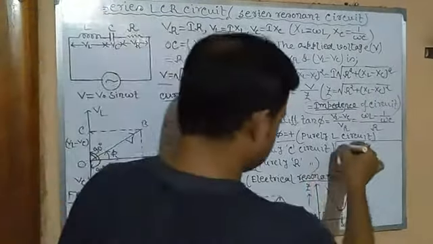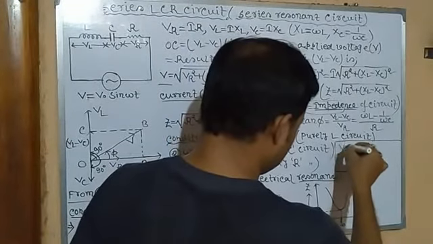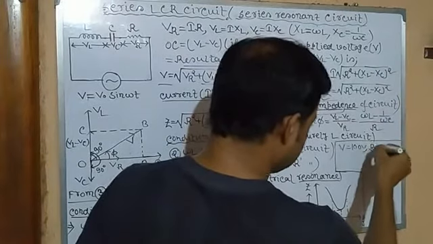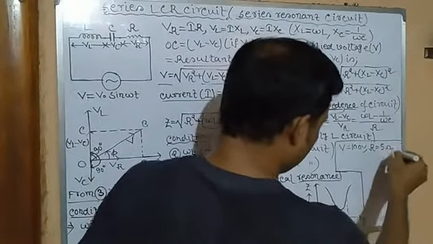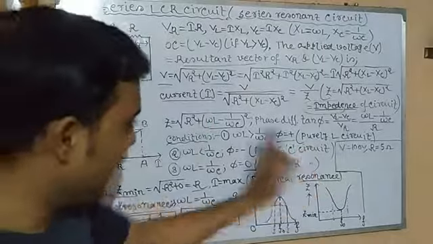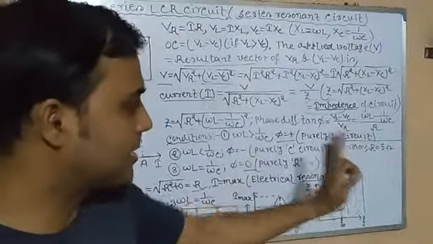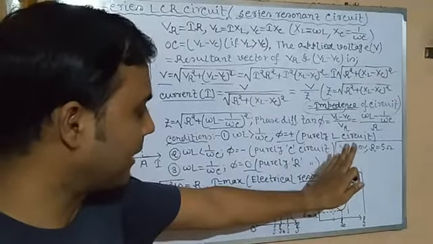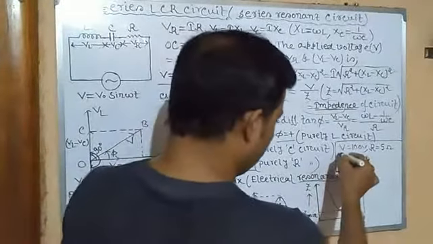Now suppose the supplied AC voltage equals 100 volt. The resistance of the circuit is 5 ohm.